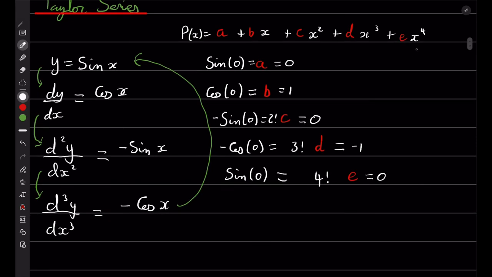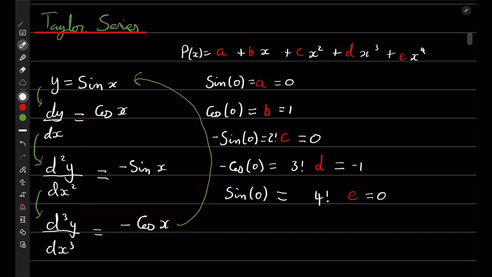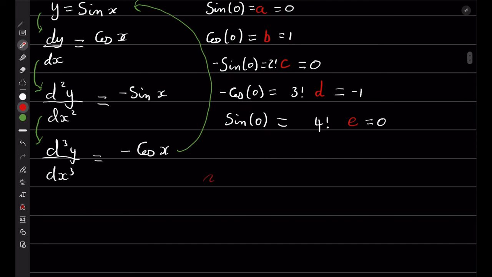Now, we have each of these, and now we can form our polynomial for an approximation of sine x near 0. So a is equal to 0. B is equal to 1.